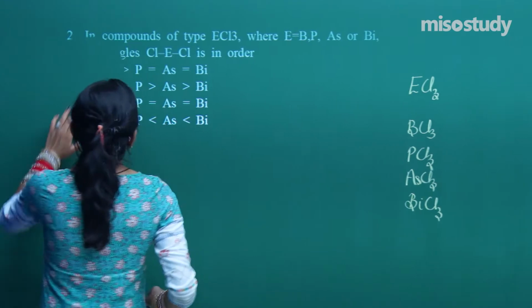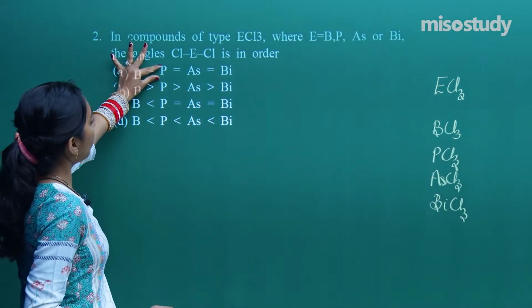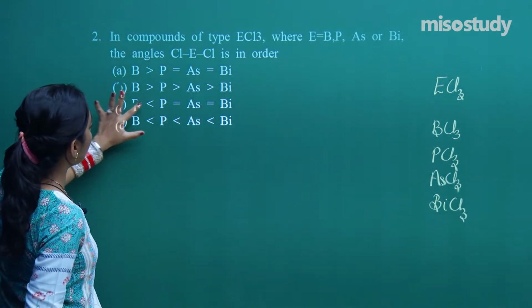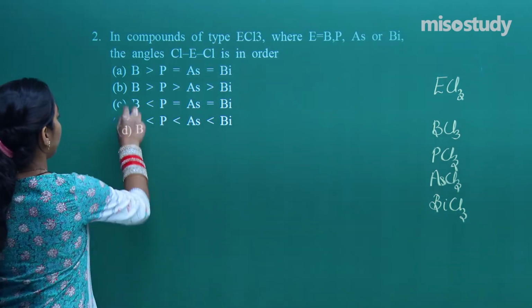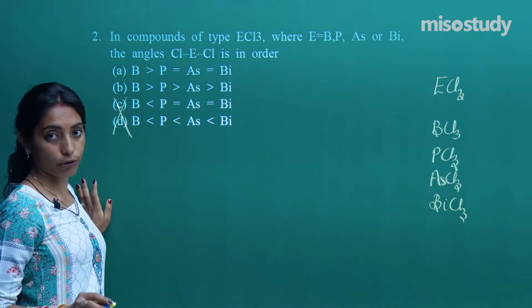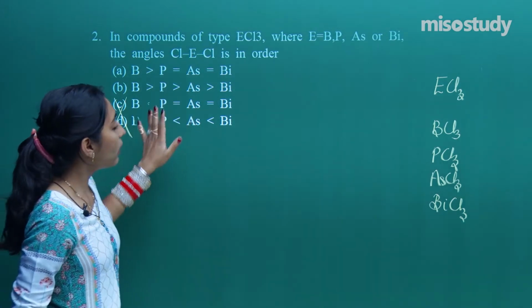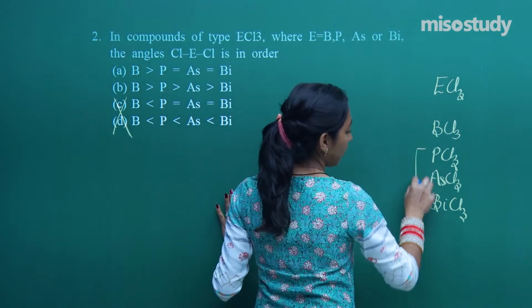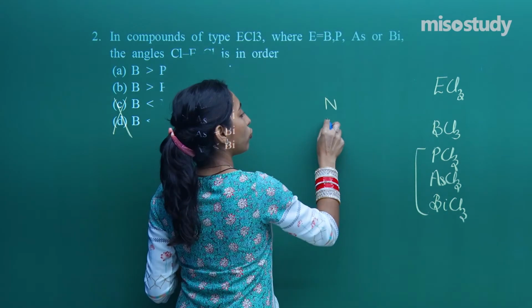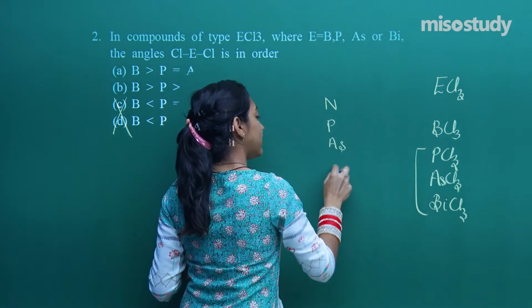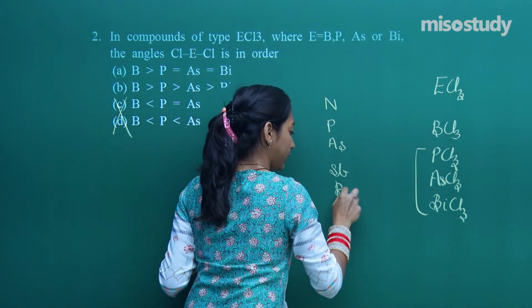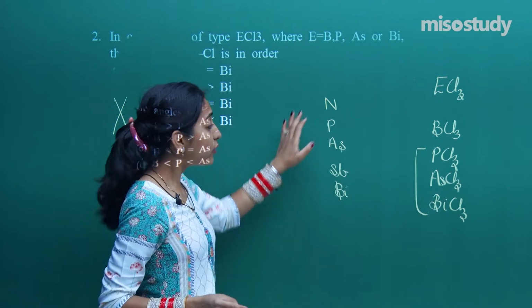So see, here it is saying boron greater than phosphorus, boron greater than phosphorus, boron lesser than phosphorus, boron lesser than phosphorus. So C and D I can ignore. Okay. Now if I compare PCl3, so see, nitrogen, phosphorus, arsenic, going down the group.